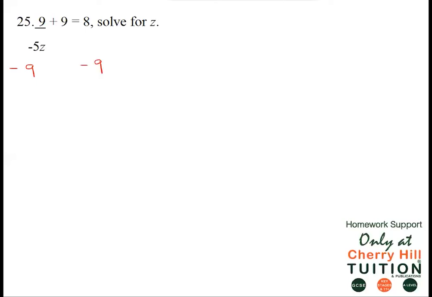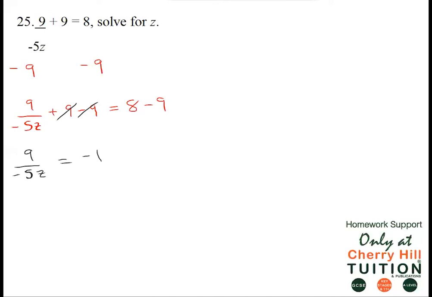This leaves us with 9 over minus 5z plus 9 minus 9 is equal to 8 minus 9. Now on the left-hand side, plus 9 and minus 9 cancel out, leaving us with 9 over minus 5z. And on the right-hand side, we have 8 minus 9, which gives us minus 1. Okay?